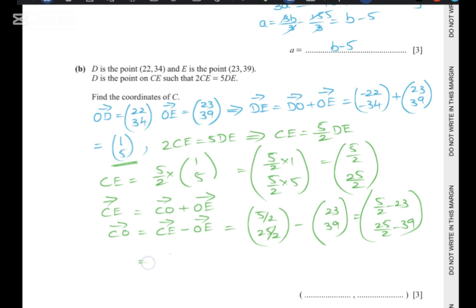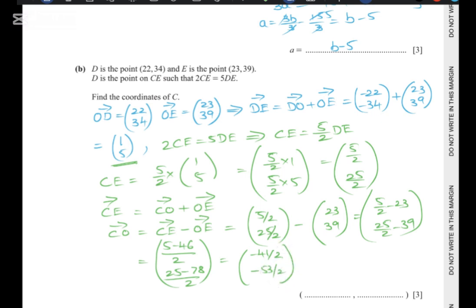Taking LCM to be 2, 5 minus 46 will be the first number, that is the x coordinate you can say, and then 25 minus 39 into 2 is 78, by 2. You get minus 41 by 2 and minus 53 by 2.